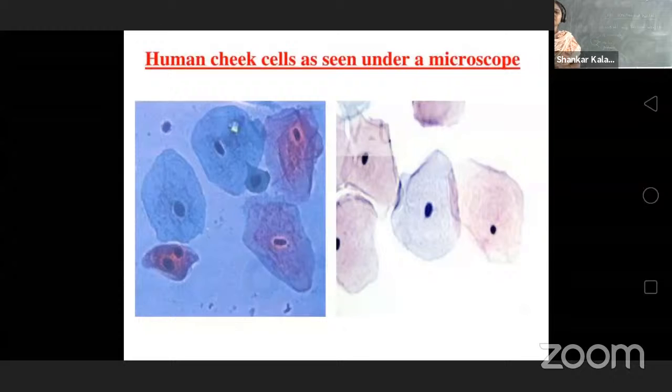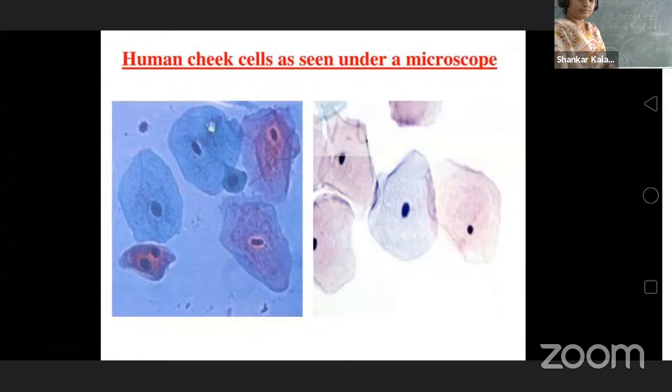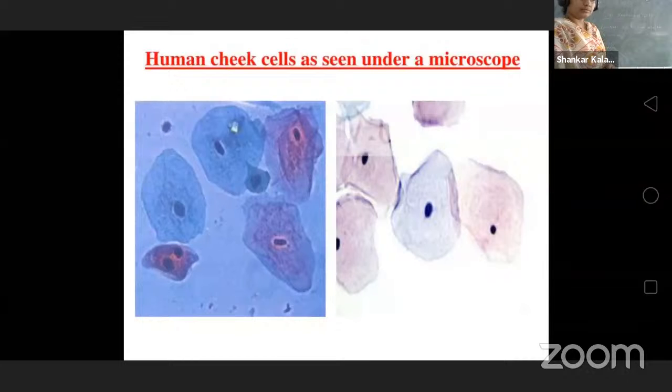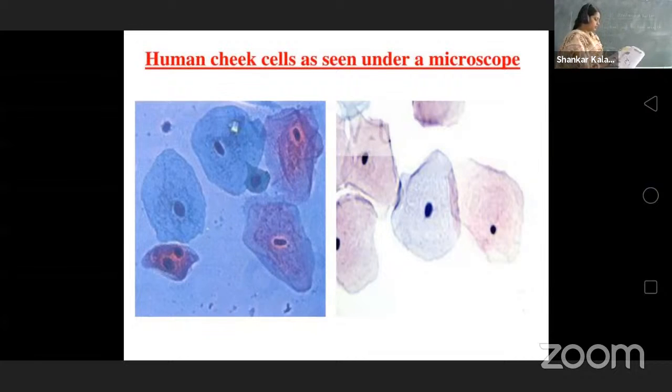See the structure of the cells, human cheeks. Here it is given, the shape of the cell.